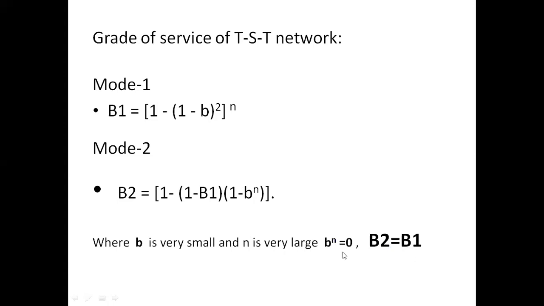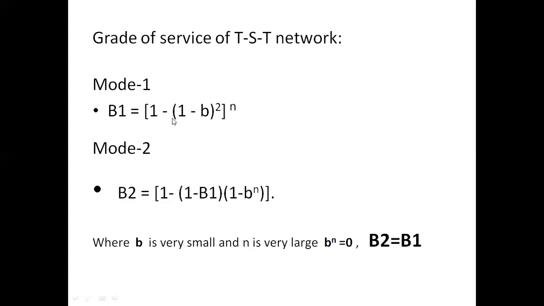This is because when you substitute the value for b and raise it to the power of n, it is almost at a negligible level. If it is almost at the negligible level, the above equation turns out to be B2 is equal to B1. In most cases, always, for any question asked to find the grade of service under mode 2 for a TST system, it is always equal to B1.